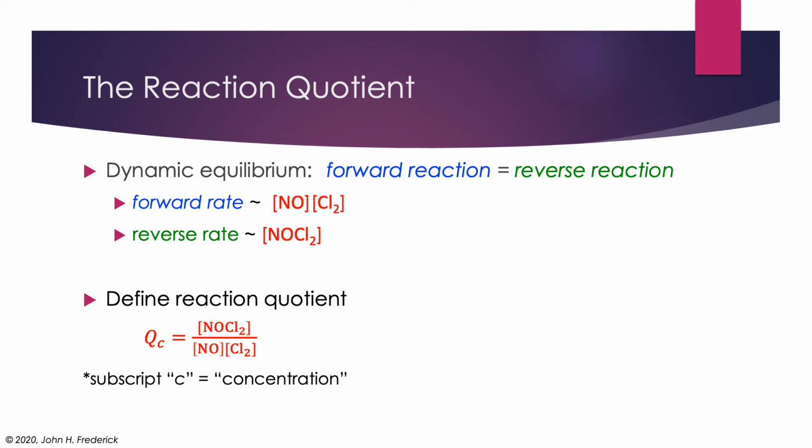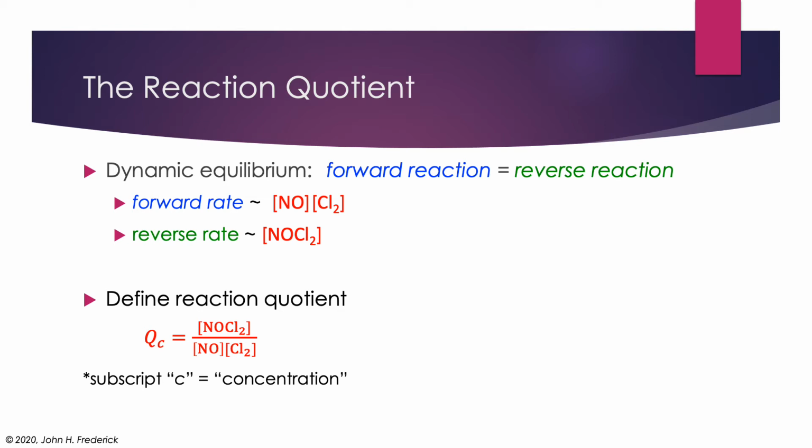So here we're defining a reaction quotient as the concentration of the NOCl2 divided by the concentration of NO times the concentration of Cl2. I want to note that the subscript C that's used here stands for concentration, because sometimes we may write the reaction quotient in terms of partial pressures, and then we would use a little p. I'm using a C in this case because we're going to be measuring things in concentration.